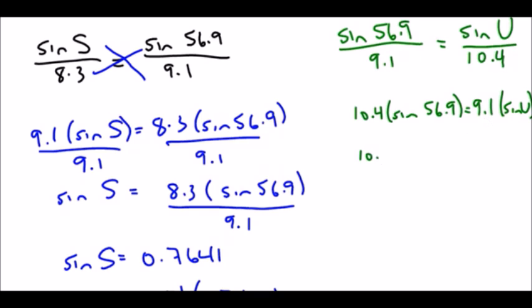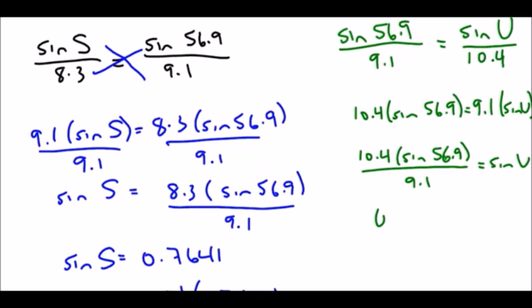Divide both sides by 9.1. So 10.4 times sine 56.9 divided by 9.1 is sine u. Type all that into my calculator. Sine 56.9 equals, times 10.4, divided by 9.1.